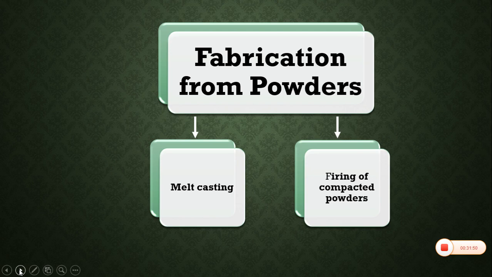First, the melt casting method, which is generally melting followed by casting into a specific shape. Second is the firing of compacted powder. These two fabrication processes originated from the earliest civilizations, and still they are used.